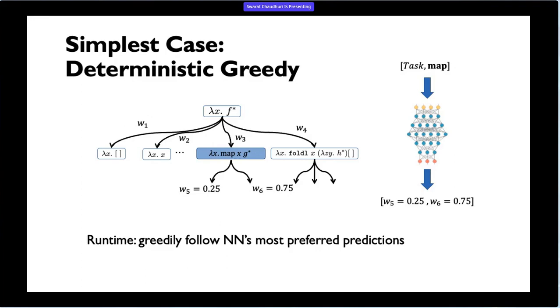It turns out that in order for that to work, you need a neural network that is really, really good at making those predictions, right? Oftentimes the neural network can do a reasonably good job of saying this is more likely than this, but when we're searching for programs, it's not enough to find a program that is 90% correct or 99% correct.